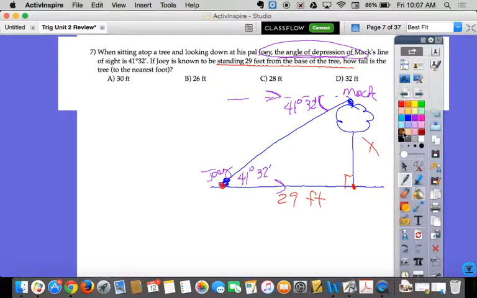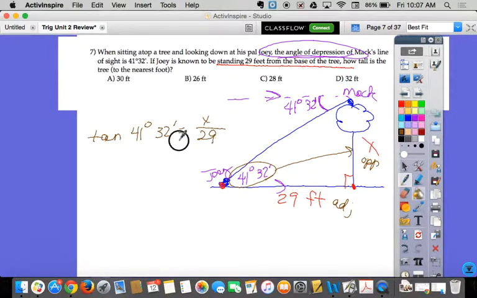So you need your trig function. This is from your angle, you have opposite, you have adjacent, so you got to set it up again. Tangent 41 degrees, 32 minutes is x over 29. Cross multiply, x equals 29 tangent 41 degrees, 32 minutes.